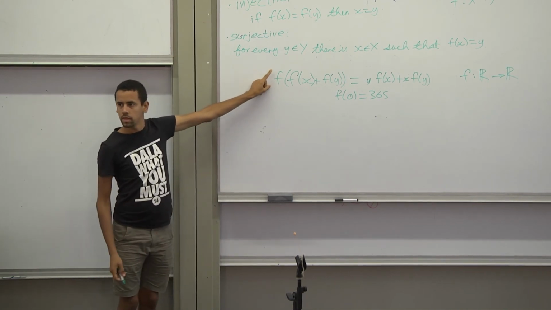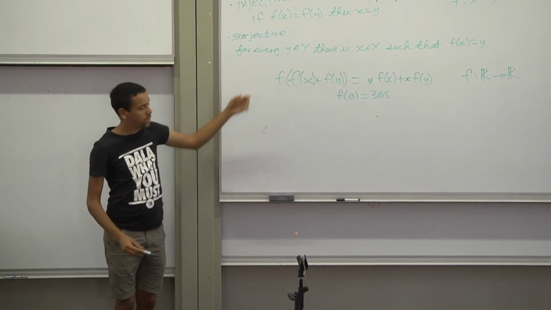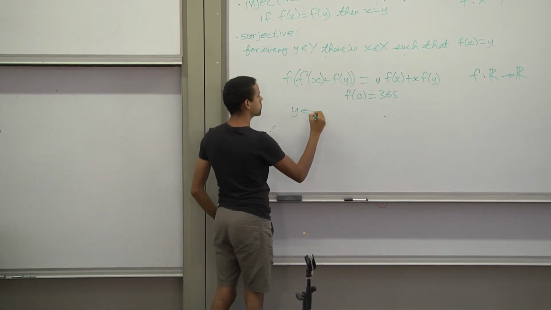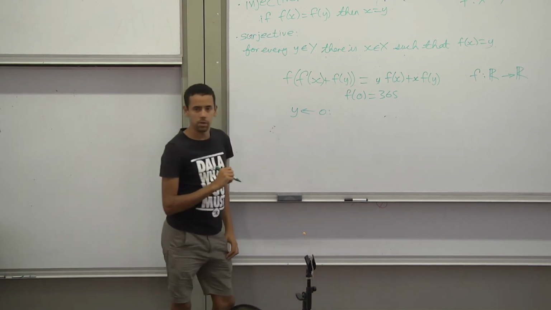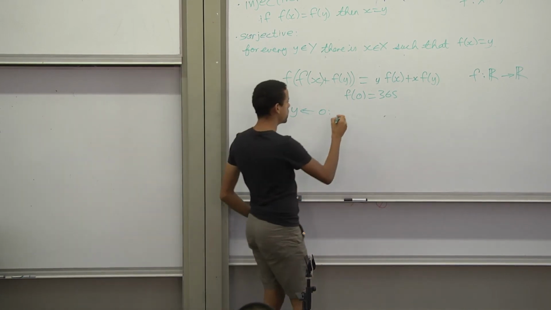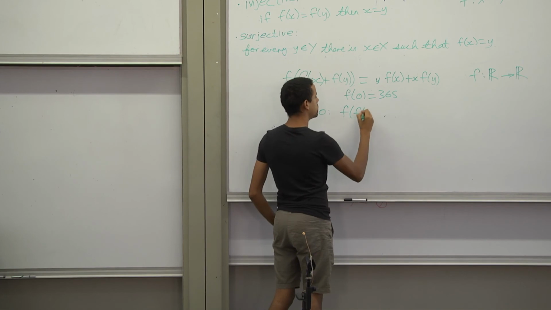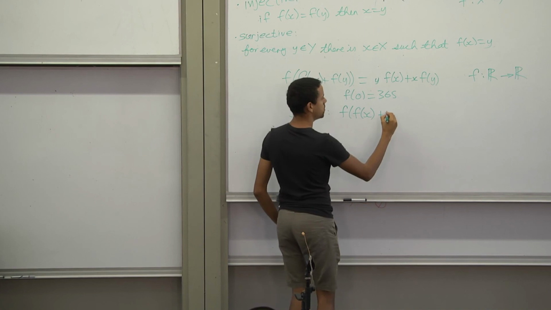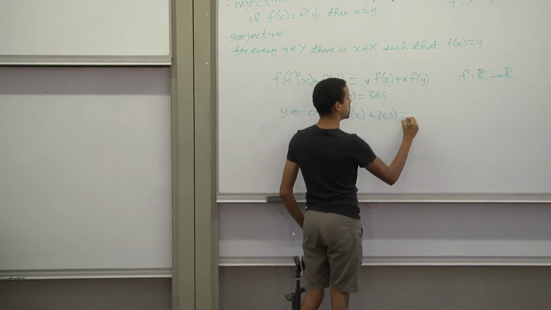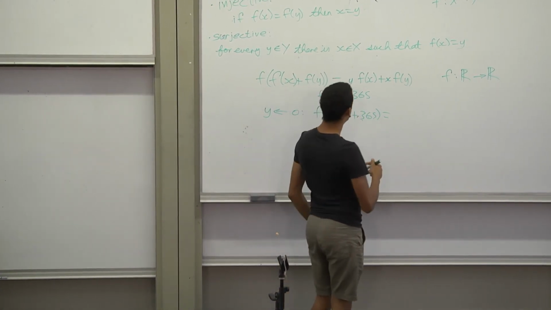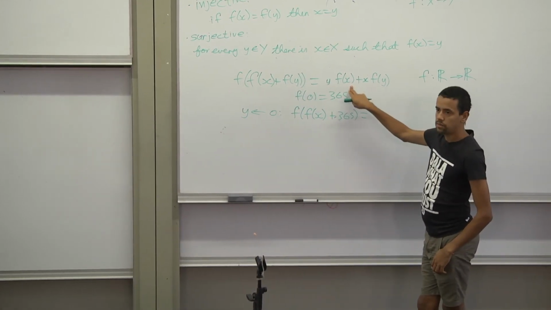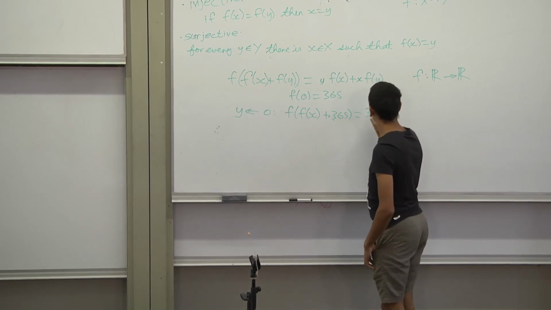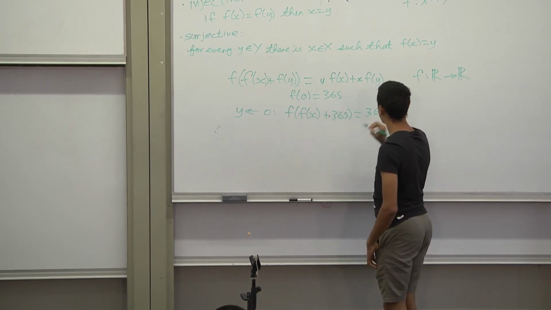We can do that by putting y equals 0. On the left-hand side we get f of x plus f of 0, which is 365. On this side, we'll have 0 times f of x, so that goes away. And over here, we have 365x.